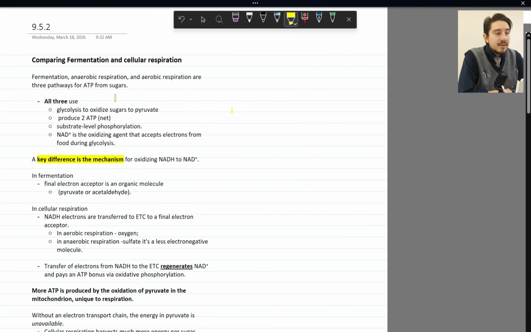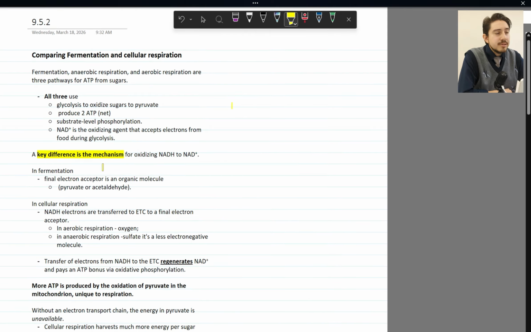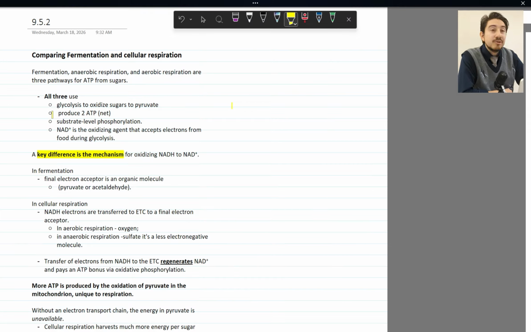Almost reaching the end here, comparing fermentation and cellular respiration. This is a good place to put a little star or to note down the core ideas on differences between fermentation and cell respiration.